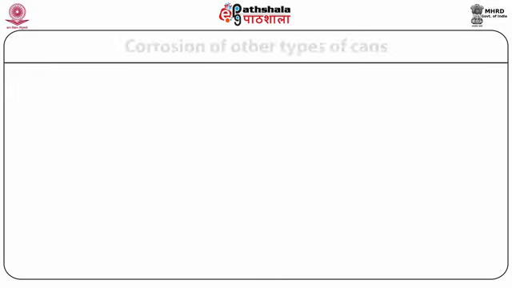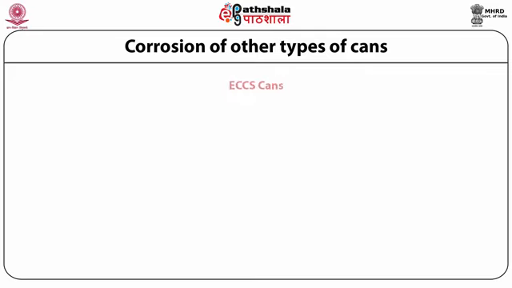Now we will see the corrosion of other types of cans, like the cans which are not tin plate containers. The first one is ECCS cans, or chromium coated cans.